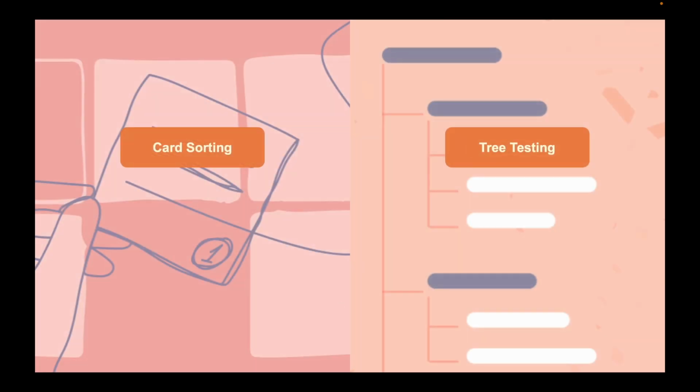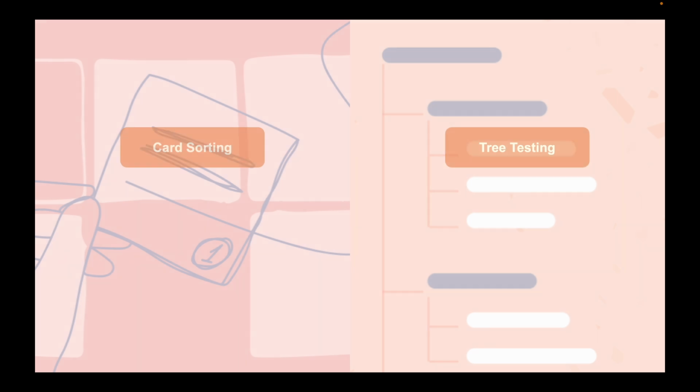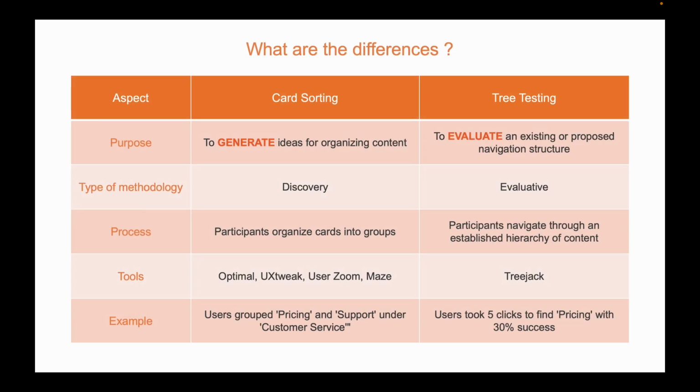Finally, I will compare card sorting to another method relating to information architecture, that is tree testing. So what are their differences? About their purpose, card sorting is to generate ideas to organize content, while tree testing is to evaluate an existing or proposed navigation structure.